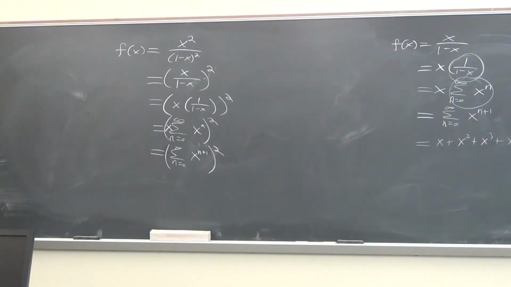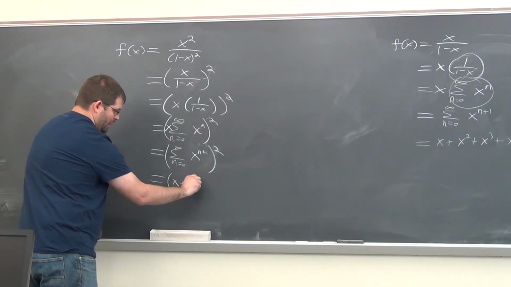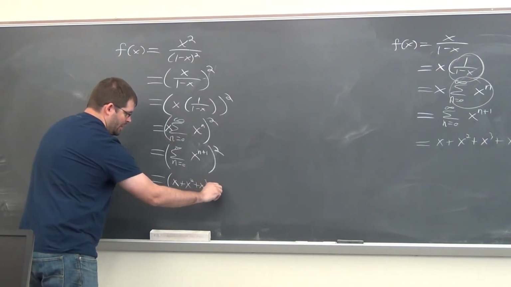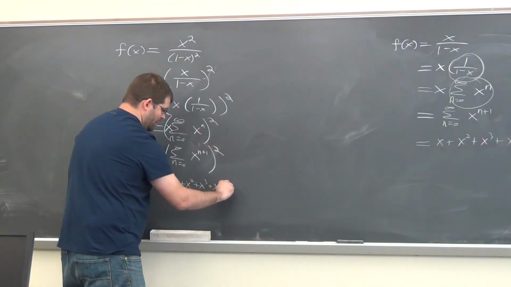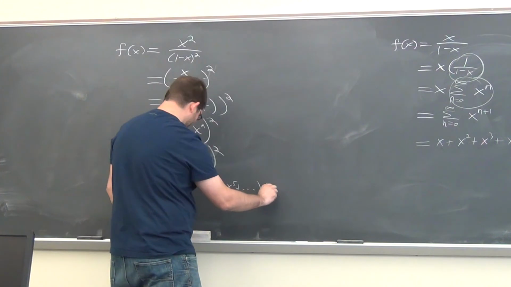Okay, so you get that, right? Now that's not a series yet though, right? It's two things multiplied by each other. So this is really this series x plus x squared plus x cubed plus x to the 4th plus x to the 5th, right? Times the same thing.